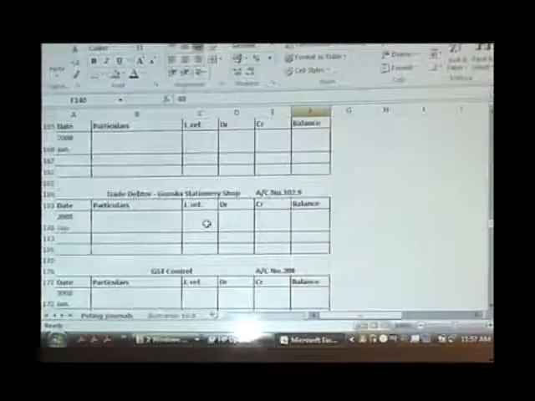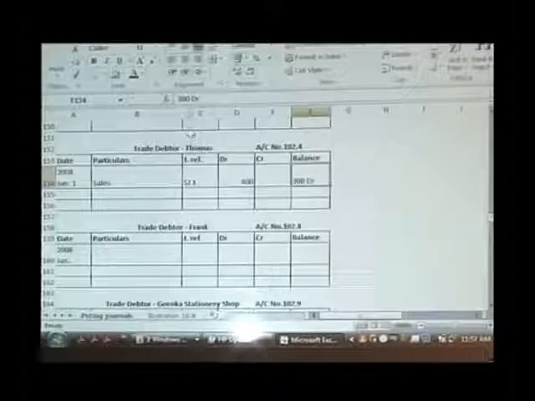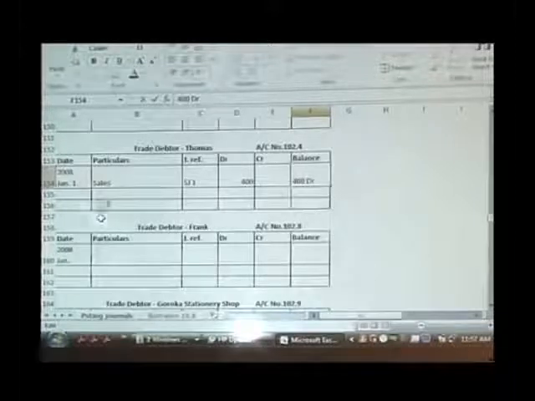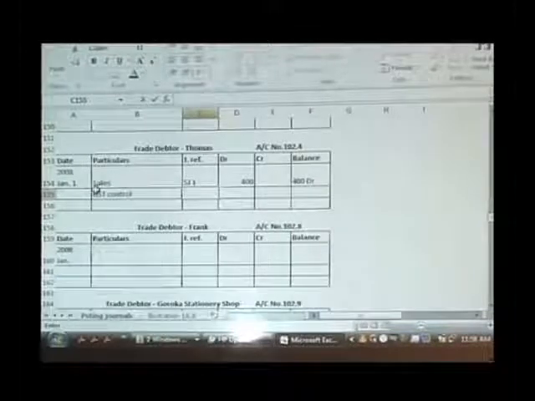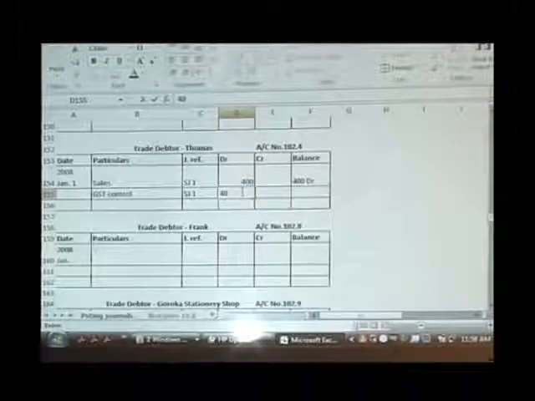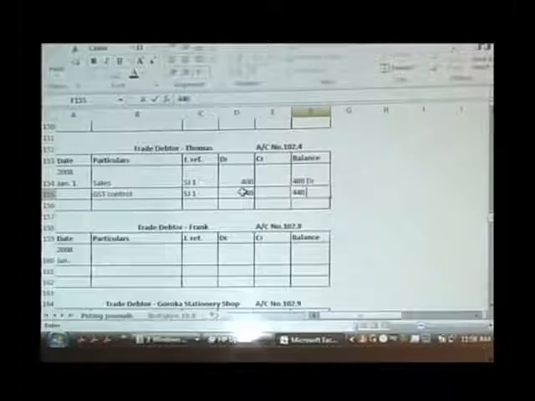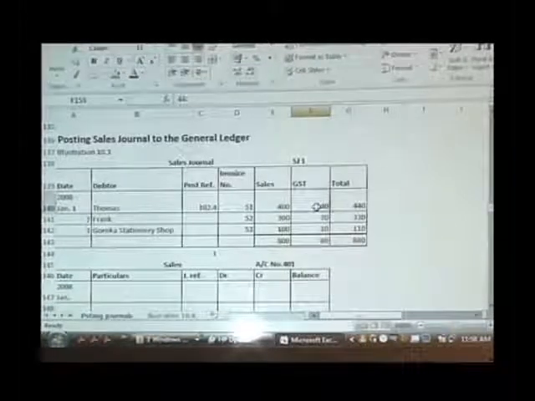Sorry, the amount is 400, not 300. Let me correct it. And GST control account, SJ1, amount is 40. Now 440 debit. This means the amount receivable from Thomas is 440 inclusive of GST.